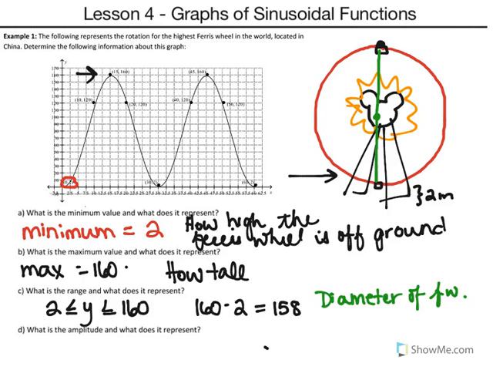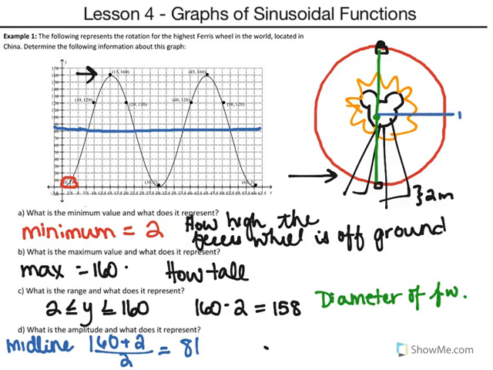The amplitude, so we probably will need our midline first. So to find our midline, we take our maximum plus our minimum and divide by 2, and you should get 81, which is right here. So our midline would be the center of our circle. This is our midline at 81.